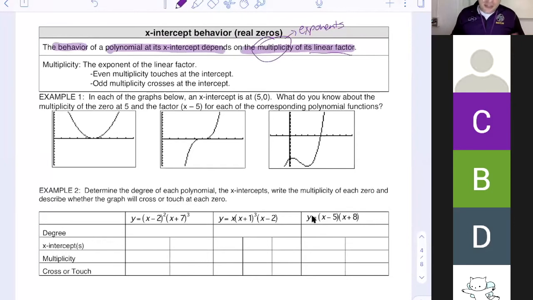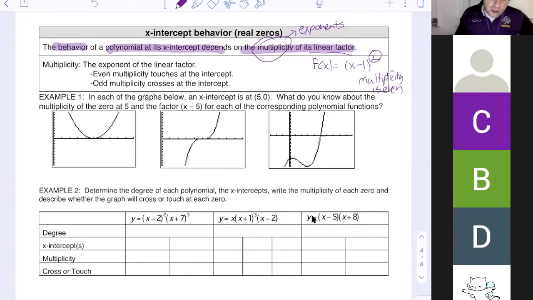For example, x minus 1 squared is a linear factor, and we would say the multiplicity is 2, or even. We've seen this before, but now we're going to expand it to all sizes of polynomials.